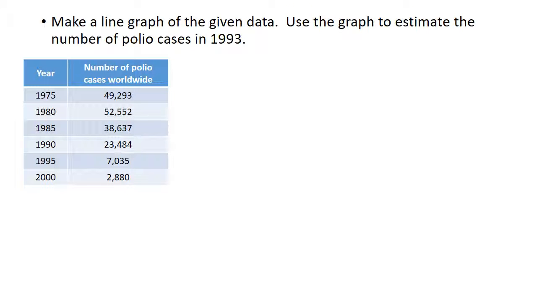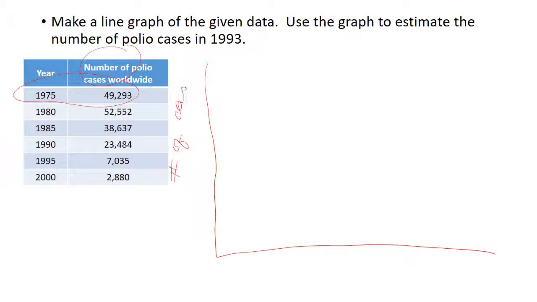So now I've already given you the frequency table. We're just going to make a line graph. So when you're making the line graph, you're going to need to plot data points. You're going to kind of need to make these into ordered pairs. Alright, so on this side, we're going to take number of cases. And they go between 0 and 52,000.